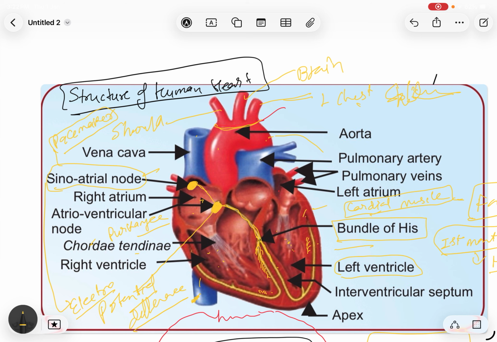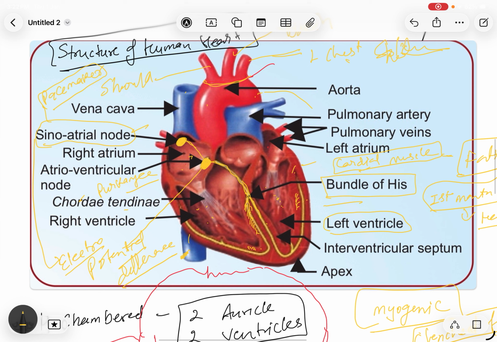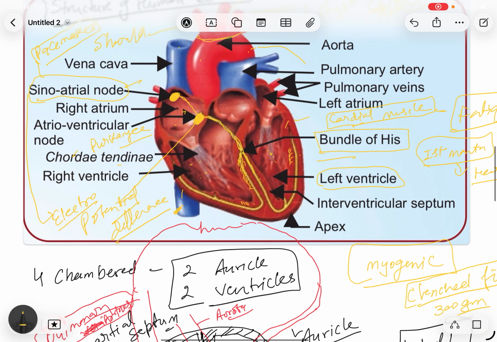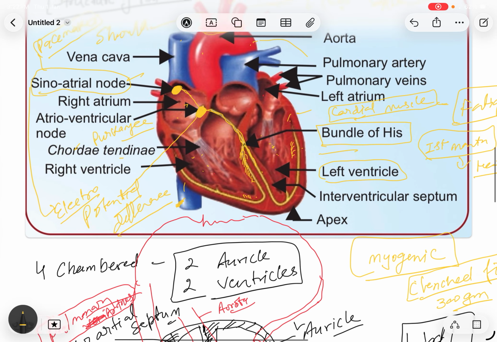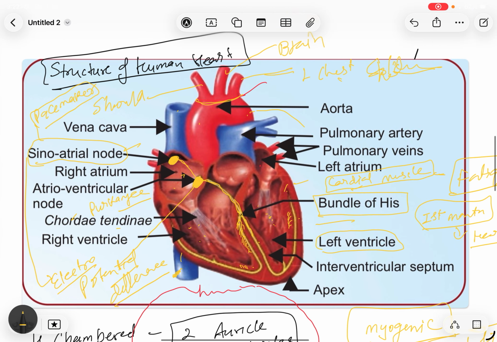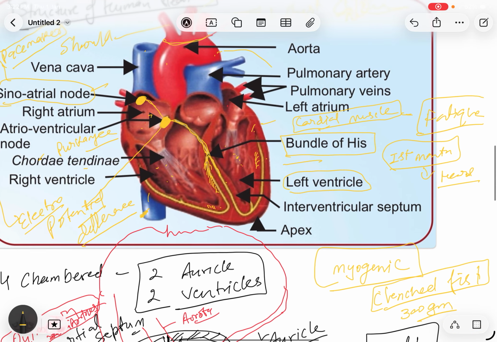Okay, and in the next video we will discuss how the heart works and how the blood flows from oxygenated to deoxygenated inside our body. I hope you will get some understanding about the human heart.